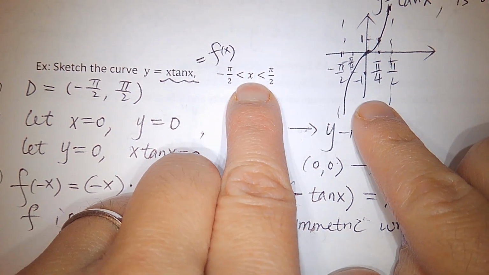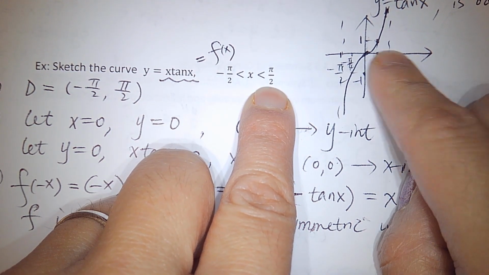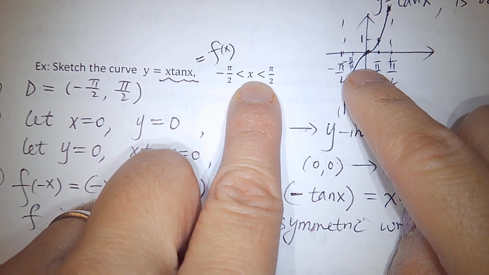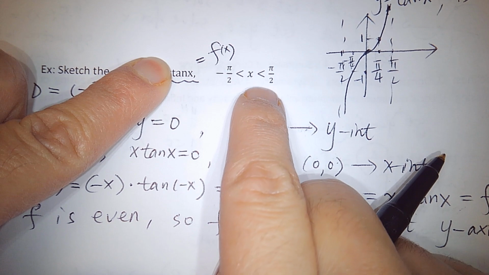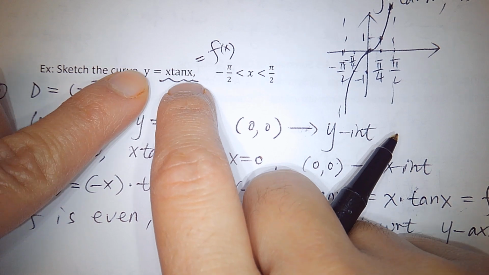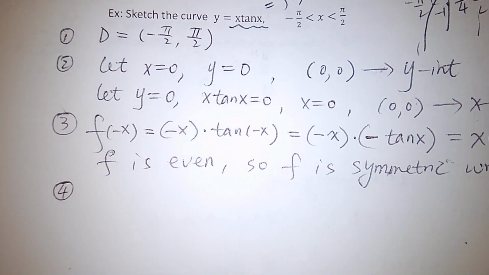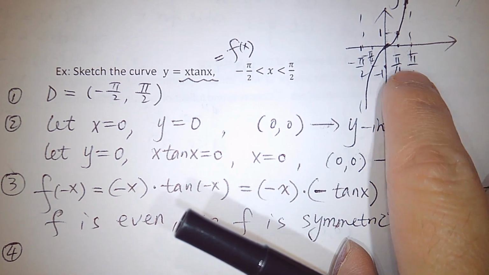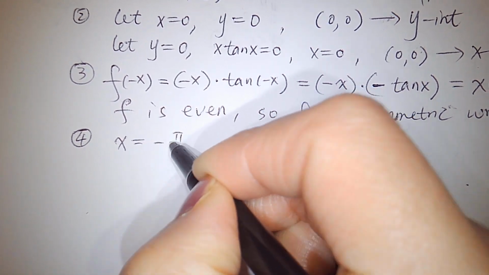Since when x goes to pi over 2, tangent of x goes to infinity, and infinity times the constant pi over 2 is infinity, if we write down the vertical asymptotes, they are negative pi over 2 and positive pi over 2. So the vertical asymptotes are these two.